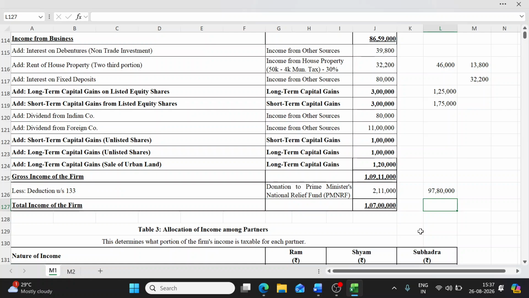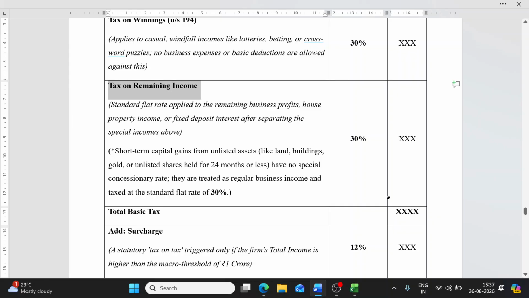There is one more way. Just make addition. 3 lakh plus 3 is 6, 6 plus 1 is 7, 7 plus 1 is 8, 8 plus 1 is 9. So 9 lakh 20,000. From 1 crore 7 lakhs deduct 9 lakh 20,000, you will get this figure only, 97 lakh 80,000. So this is the remaining balance income, 97 lakh 80,000. And on 97 lakh 80,000, this firm is expected to pay tax at the rate of 30%.